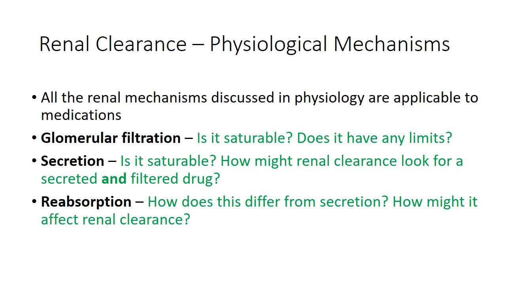So if a drug is secreted and filtered, and for example it's not protein bound at all, then that will have a higher renal clearance than a drug that is only filtered and not secreted. Secretion and filtration working together makes the drug clearance faster.